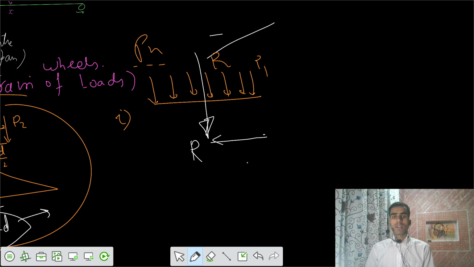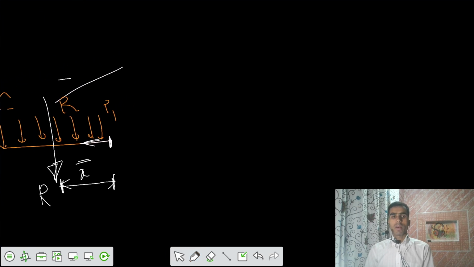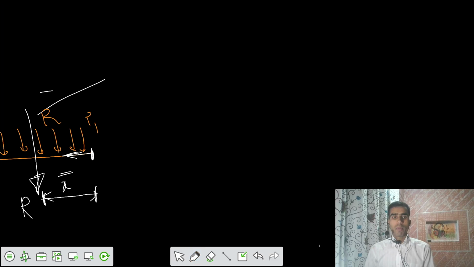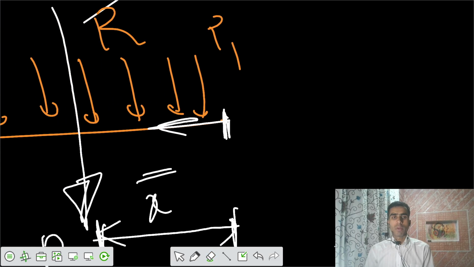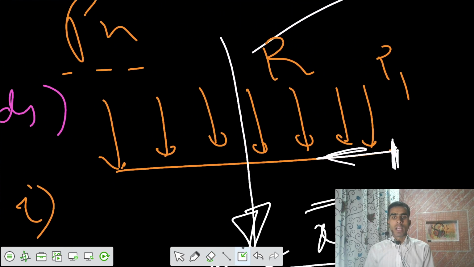Let's say the resultant is R, and the centroid is here, calculated from this side as X bar. Once we get that X bar, the resultant would be somewhere between two loads. One load is this one and the second one is this one.